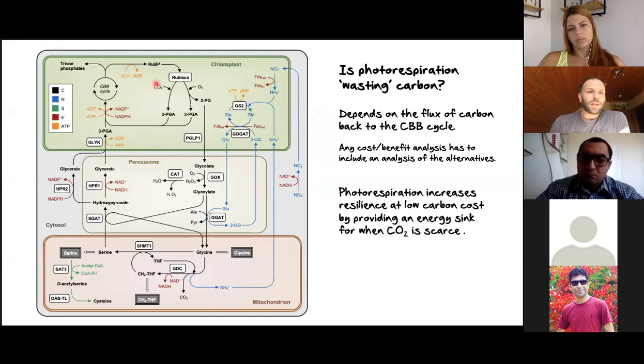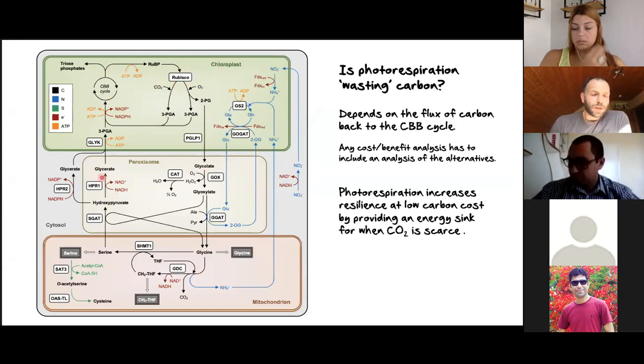So when the plant, let's say, is in a drought condition and closes stomata, it can easily divert flux through the photorespiratory pathway, which also uses electrons and ATP. So it doesn't have to find any way to get rid of the energy.